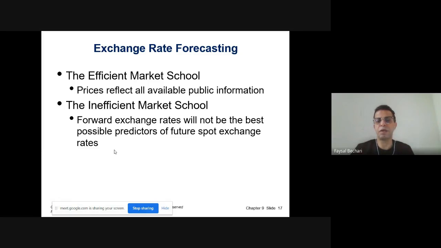Then you have the inefficient market school, which says the forward exchange rate will not be the best possible predictor of the future spot exchange rate. So whatever the public information is going on, it reflects in the prices, but a future spot exchange rate does not 100% reflect what's going to happen with the prices. They just estimate these things.